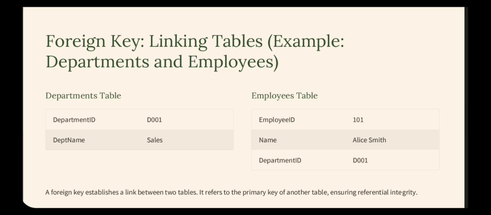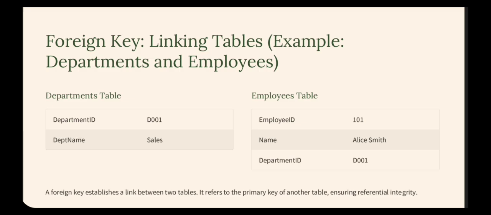And here in employees table, employee ID is 101, name Alice Smith, and department ID is D001. Here the similar identity in both the tables is department ID. So here the department ID is the linking key, that is the foreign key between the two tables, that is departments table and employees table.